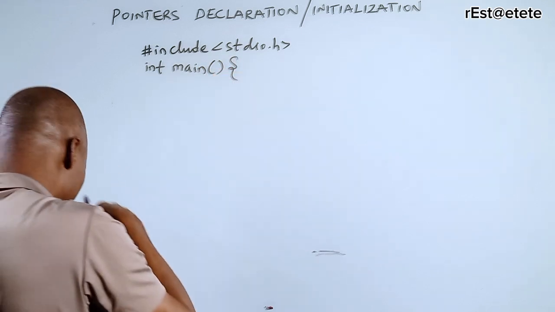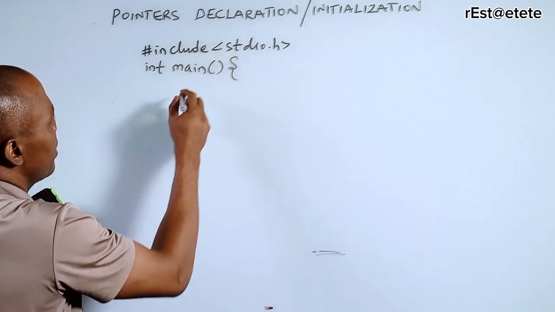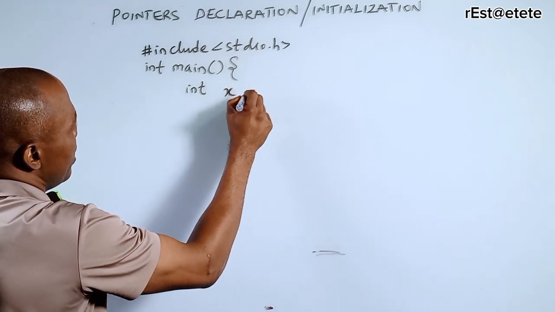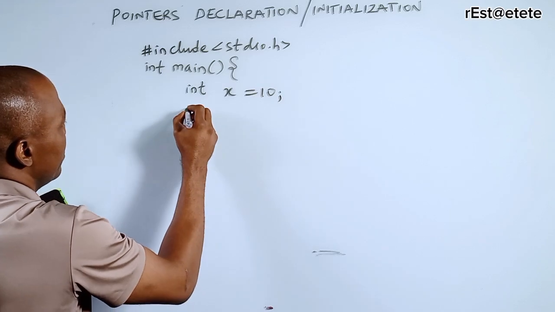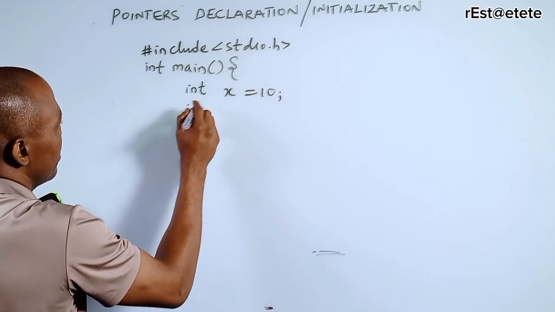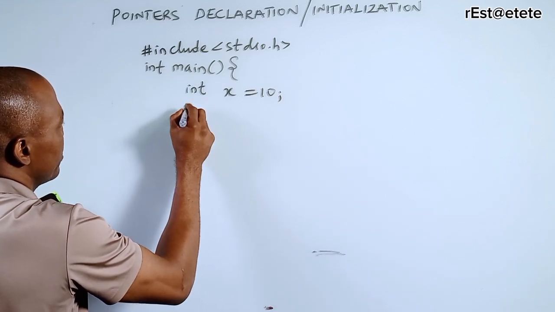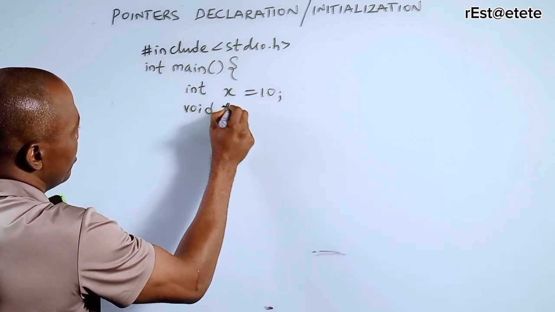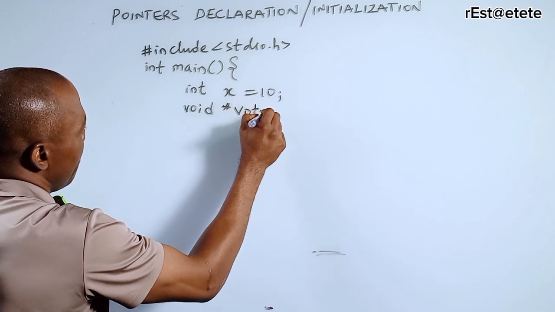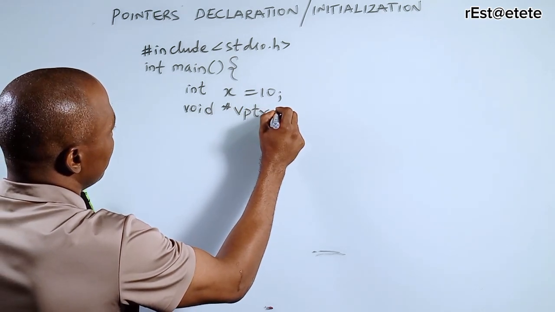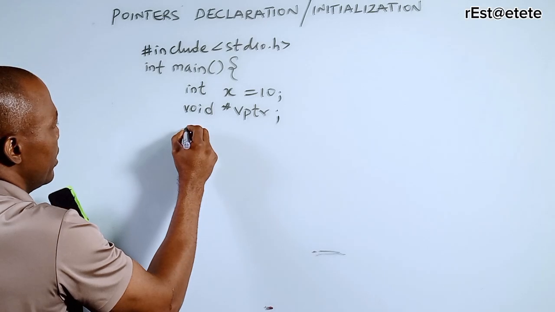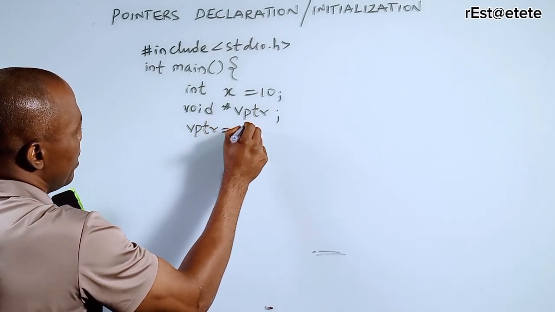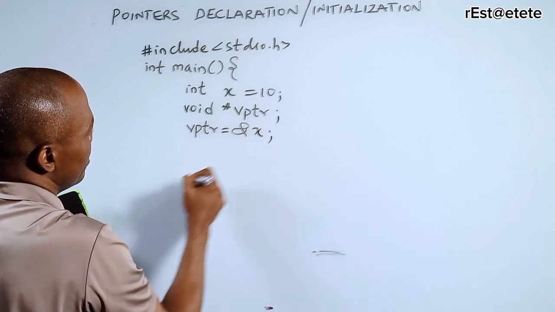I will declare int x assign 10, right? Then I will declare a void pointer, that is vptr, and I'm declaring this. Then I can now say vptr assigned the address of x, right?